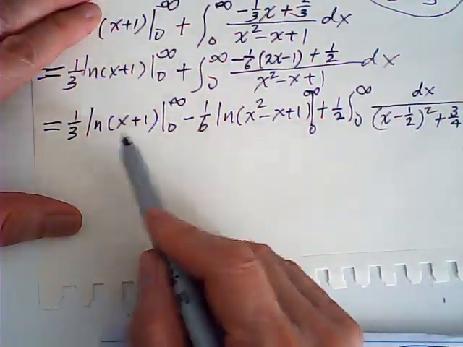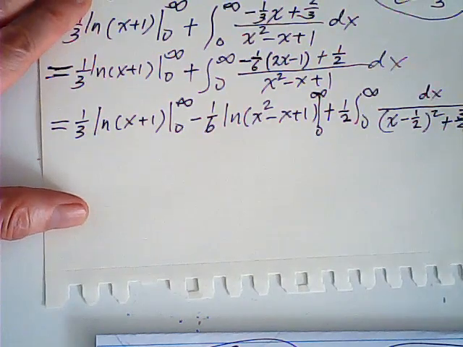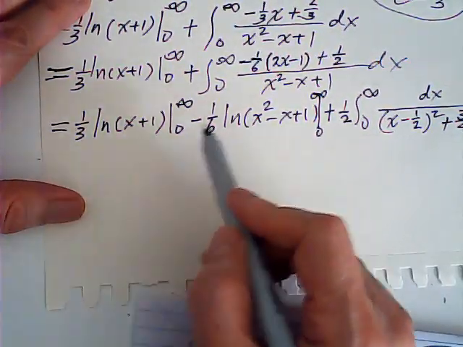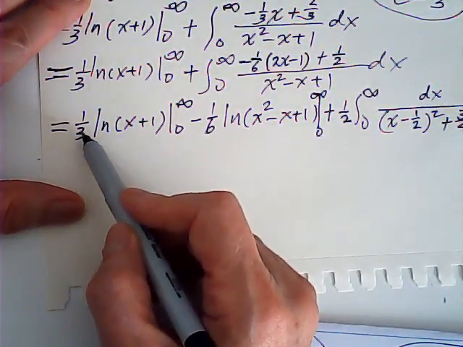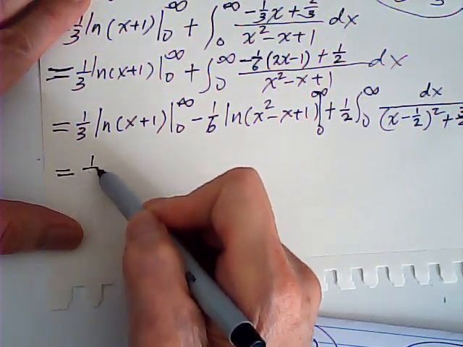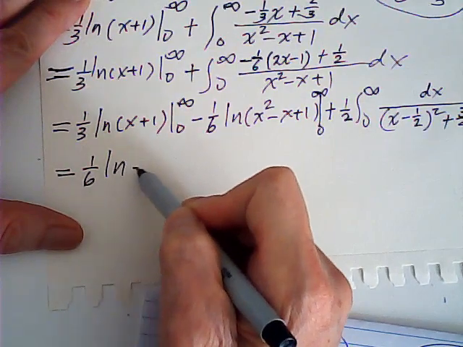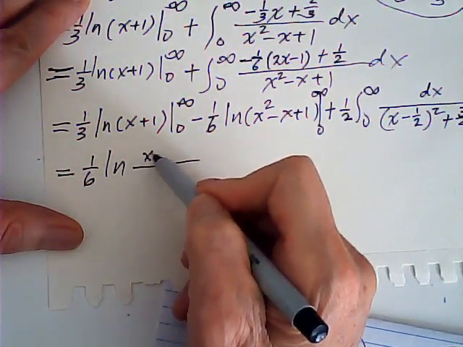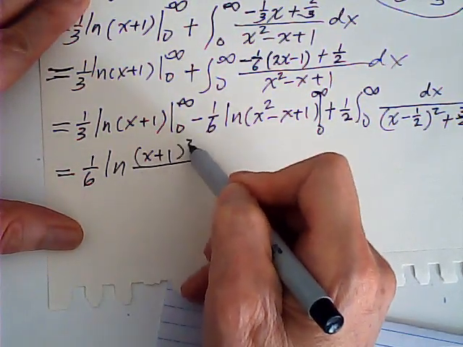Now here, the two logs, I can put them together. This is 2/6. Therefore, this is equal to 1/6 common, this is 2, right? x plus 1 squared.